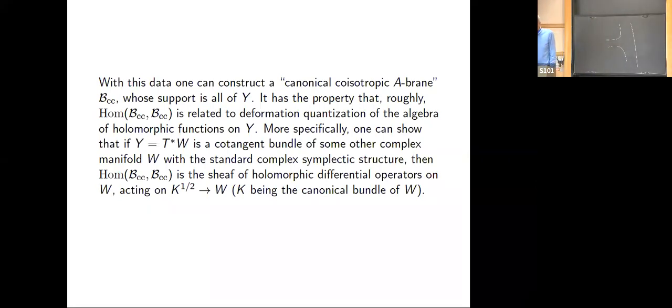More specifically, perhaps this is not the most general statement, but one statement is that if Y is the cotangent bundle of some other complex manifold W, and the holomorphic symplectic structure of Y is the standard complex symplectic structure of the cotangent bundle, then you can show that this Hom space is the sheaf of holomorphic differential operators on W, twisted by K to the 1/2.